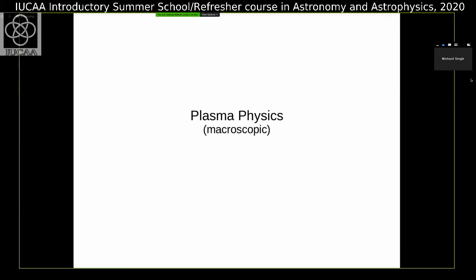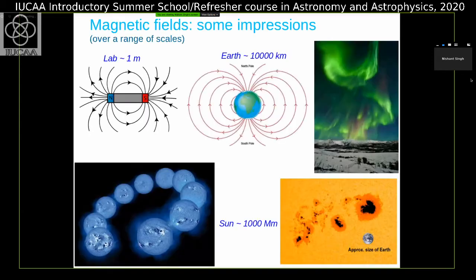Luckily, not on the Earth, but in most stars and galaxies, the medium is abundantly in the plasma state. So what really is plasma, and what can it drive from a macroscopic perspective? One has always wondered about the existence of magnetic fields at various scales.